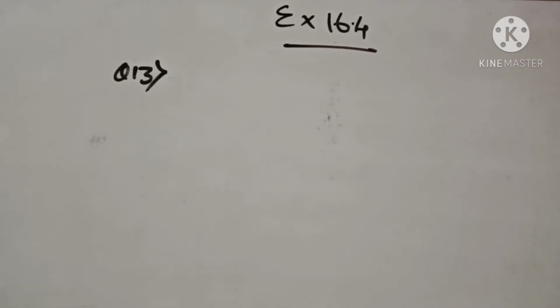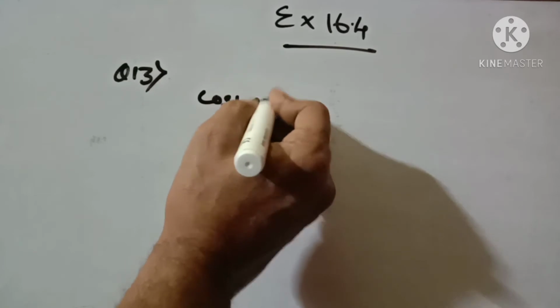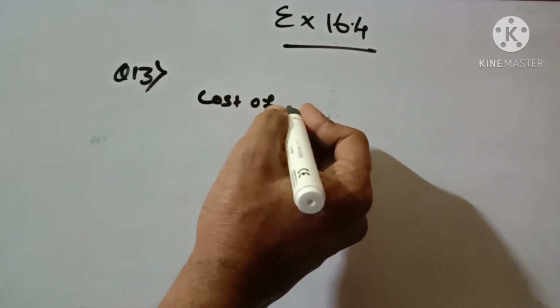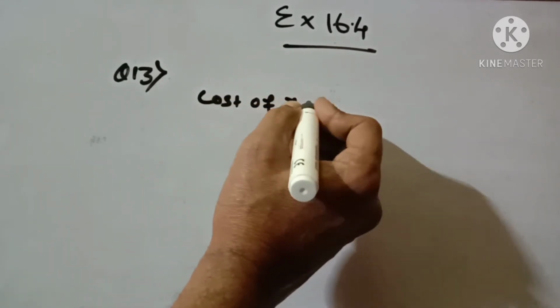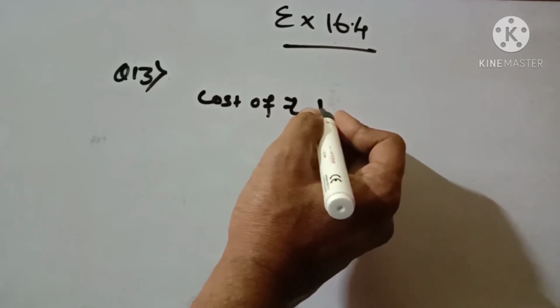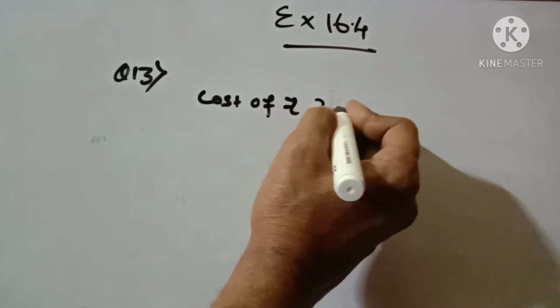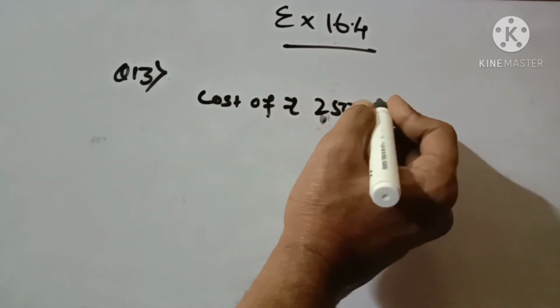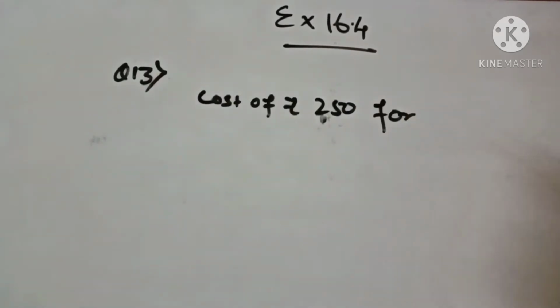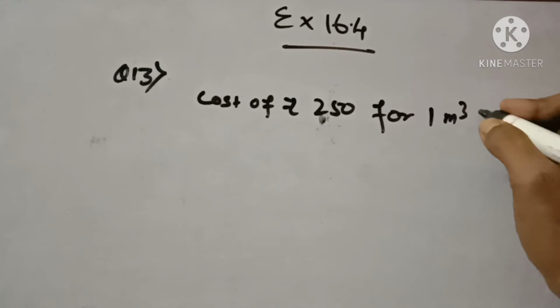So it is given cost of rupees 250 for 1 cubic meter of wood.